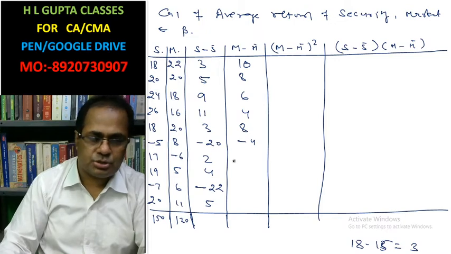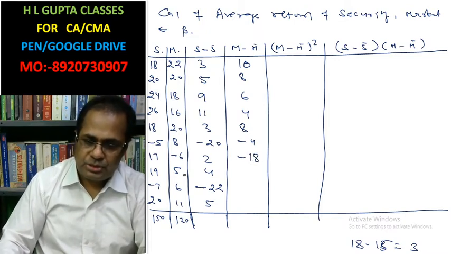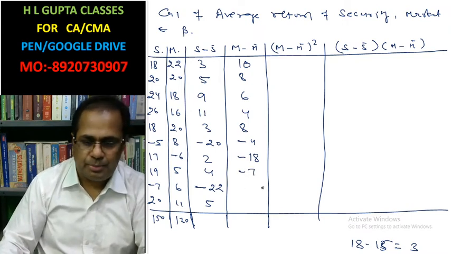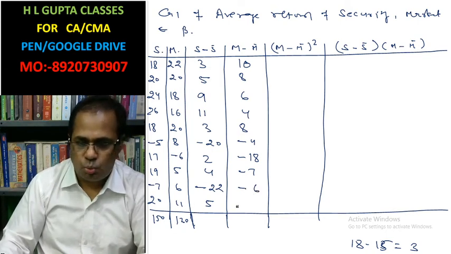Minus 6 minus 12 is minus 18. 5 minus 12 is minus 7. 6 minus 12 is minus 6. 11 minus 12 is minus 1.